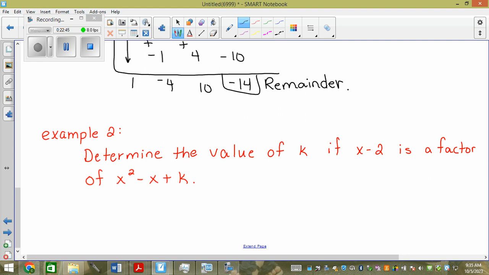Now, what we need to do is we need to read into "is a factor" here. If I see "is a factor," I immediately underline it and then put something.